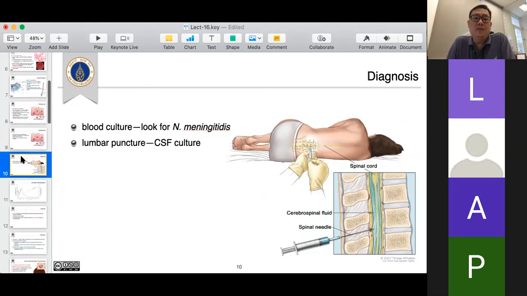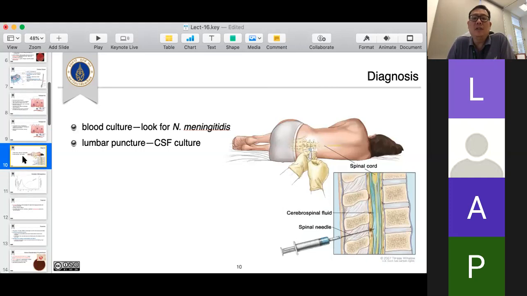For diagnosis of Neisseria meningitidis, doctors are supposed to do a lumbar puncture. Lumbar puncture means they draw the CSF, cerebrospinal fluid, from the lumbar region, because the nerve is thinner than in other areas.